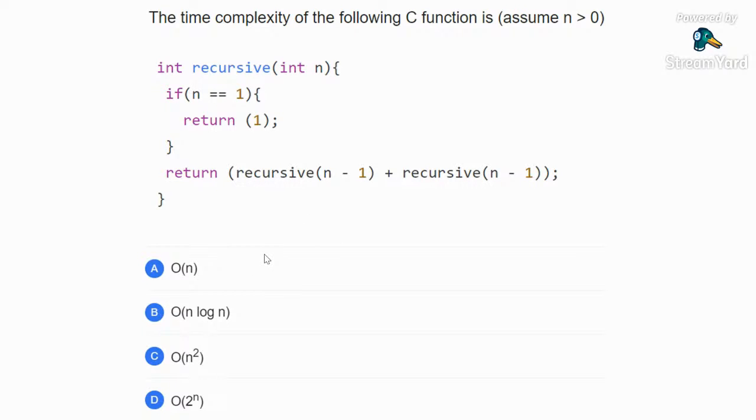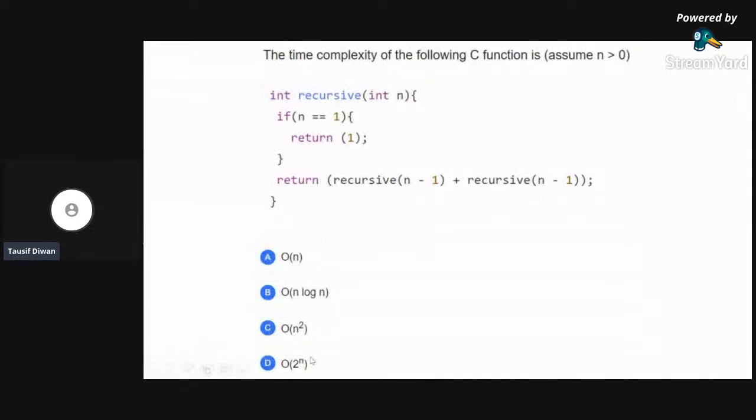Suppose... n square also, and 2 raised to power n is larger as compared to n square.